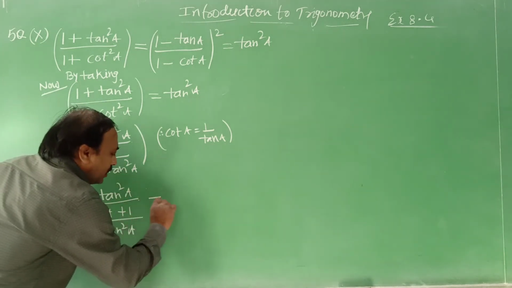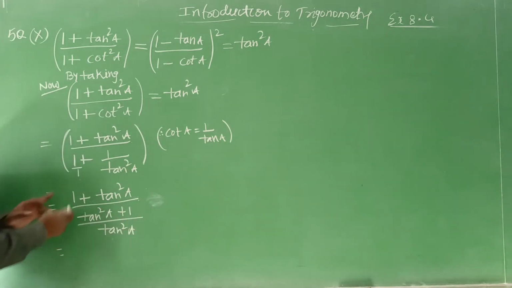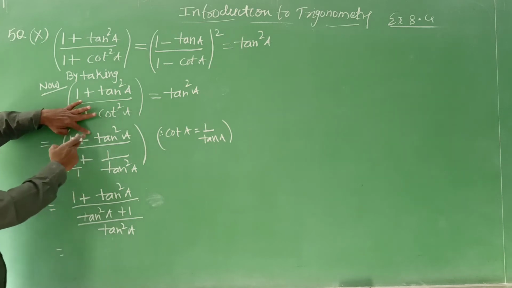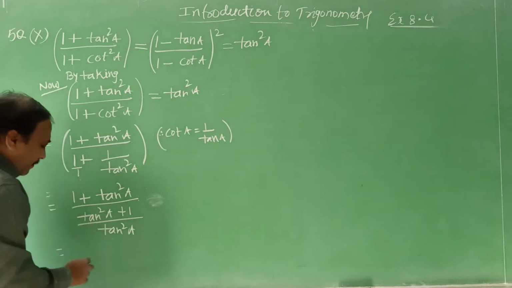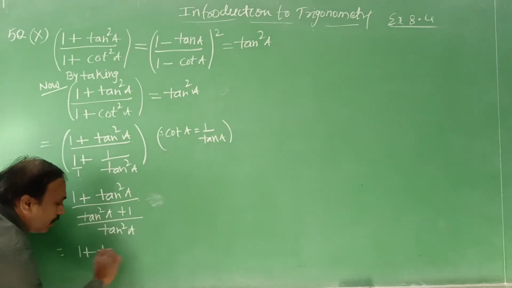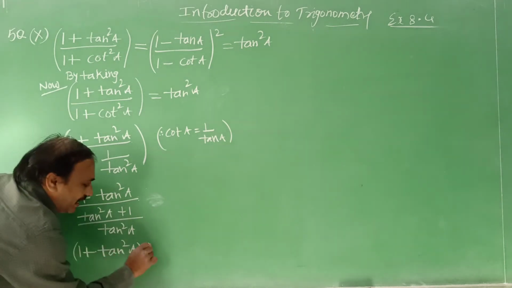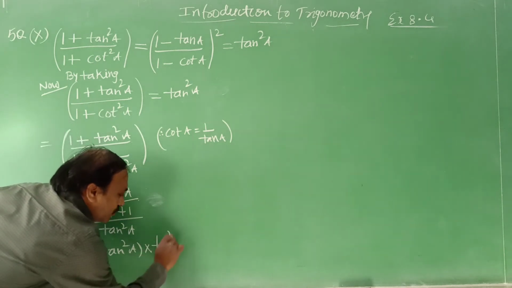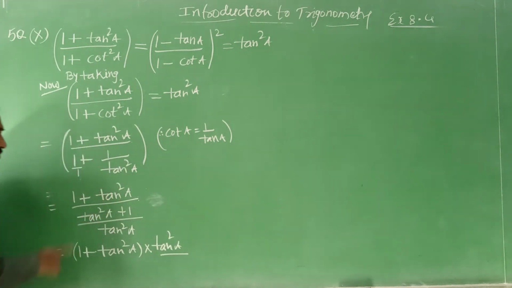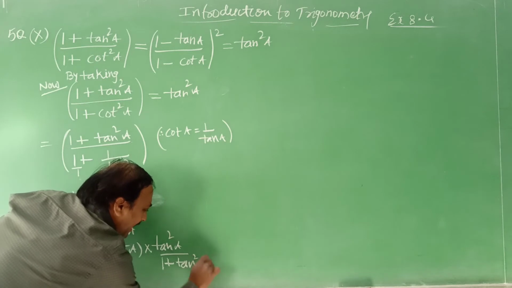Observe the step here: this part divided by this part means the reciprocal, so 1 plus tan square A in the numerator, into tan square A, which comes to the numerator part, tan square A by tan square A plus 1, or 1 plus tan square A.